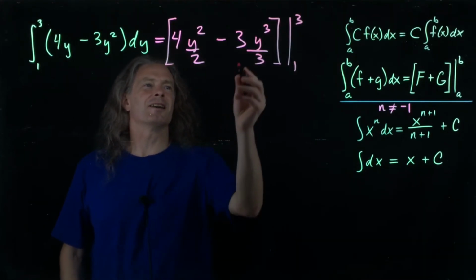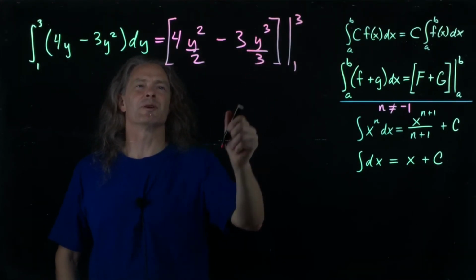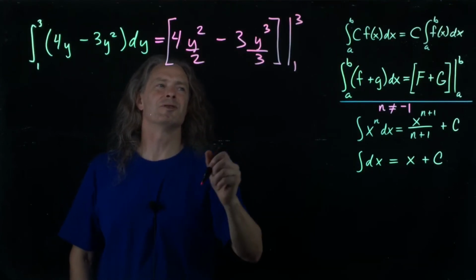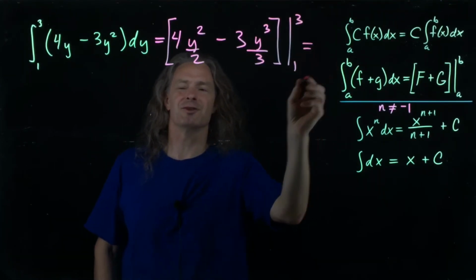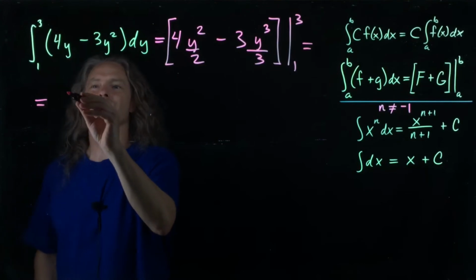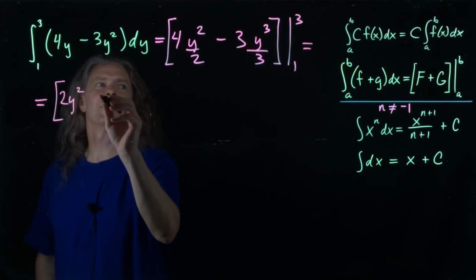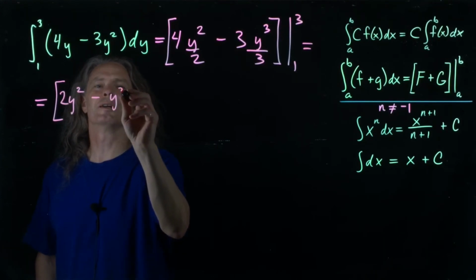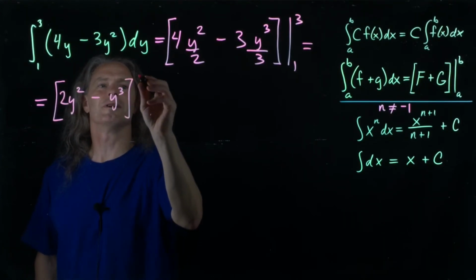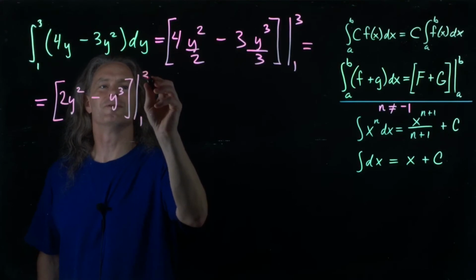Before I do that, I've got 3 divided by 3 here. That gives me 1, and 4 divided by 2 gives me 2. So I can rewrite this, and I'll just continue this over here, equals 2y squared minus y cubed, all evaluated from 1 to 3.